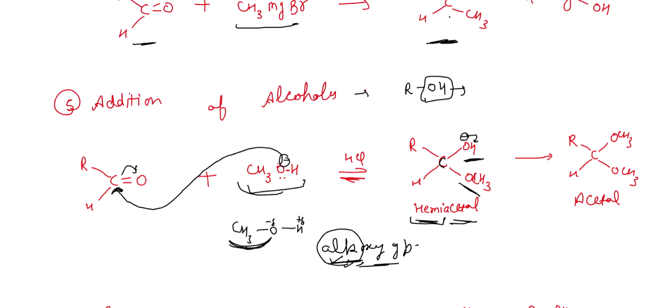When this OH gets removed from here, again the second molecule of methanol is reacting with this hemiacetal, then forming the final product as acetal, in which the carbon is linked to two methoxy groups.